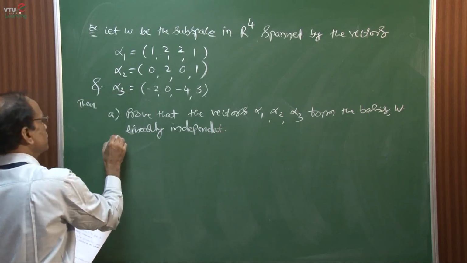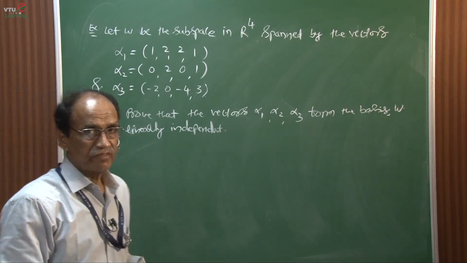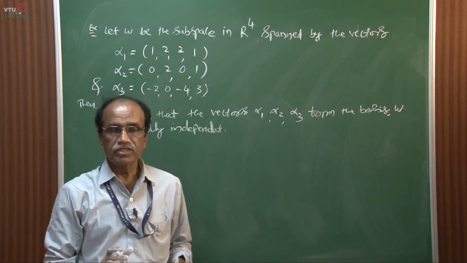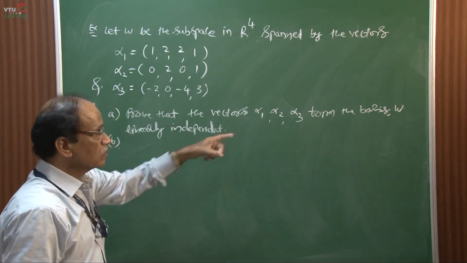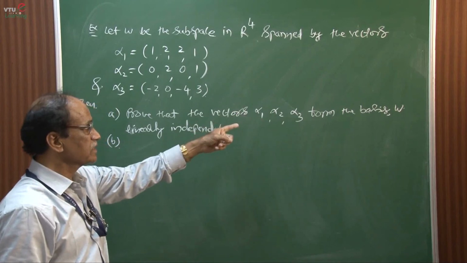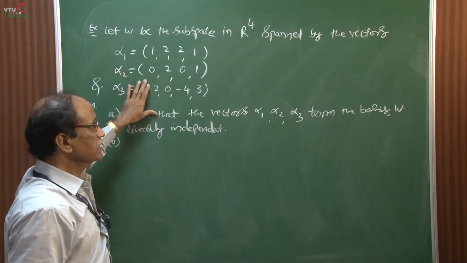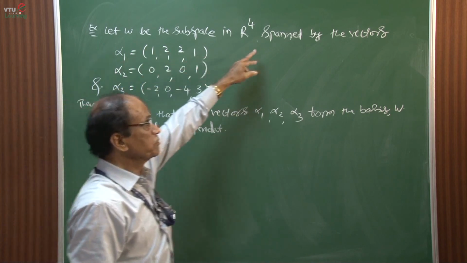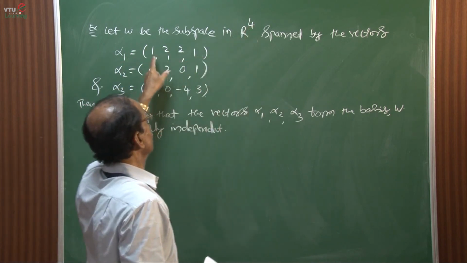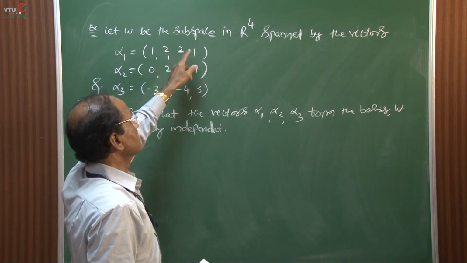This is the first question. And the second question with reference to the same: how is W a subspace with reference to the given 3 vectors alpha 1, alpha 2, alpha 3, how they are spanned in the region with 4 values, 1, 2, 3, 4.